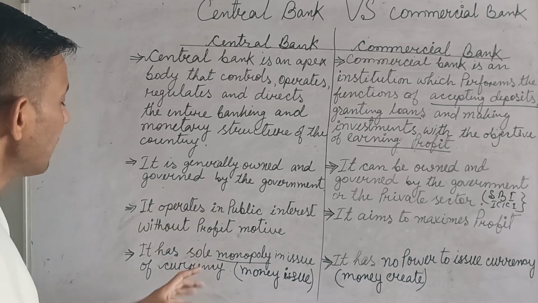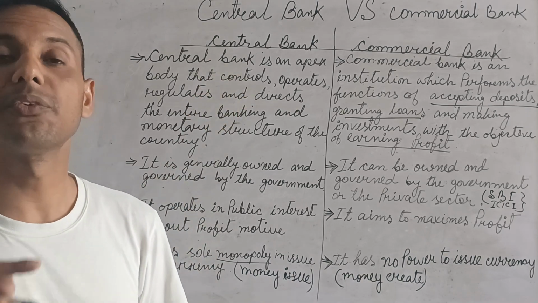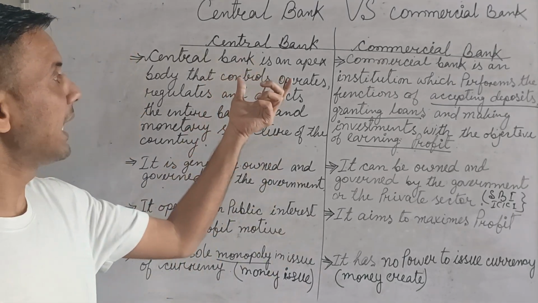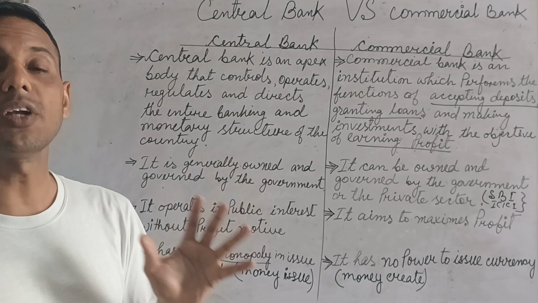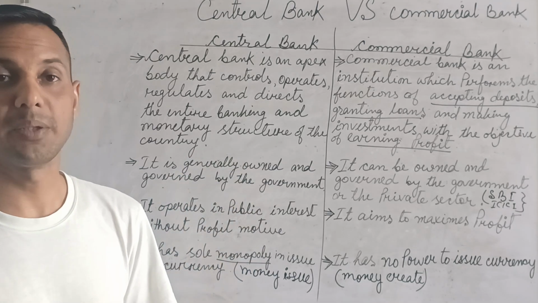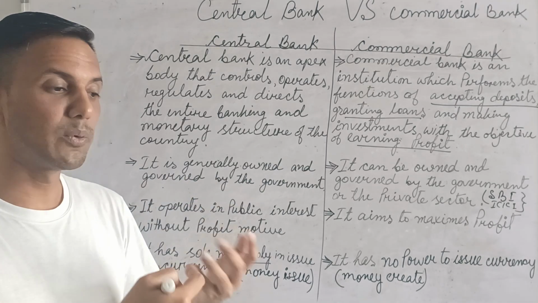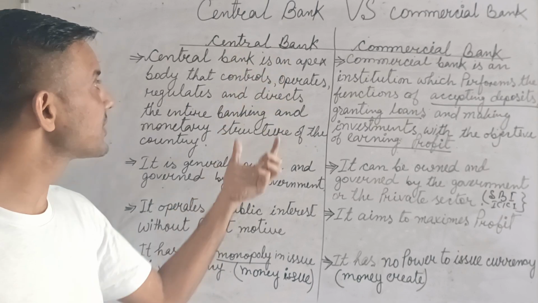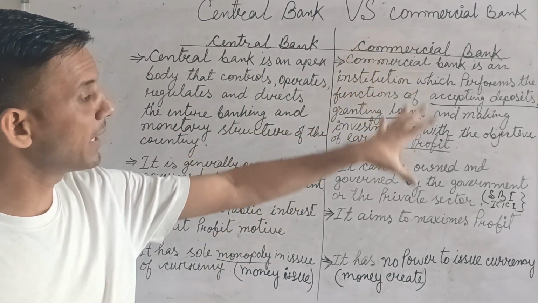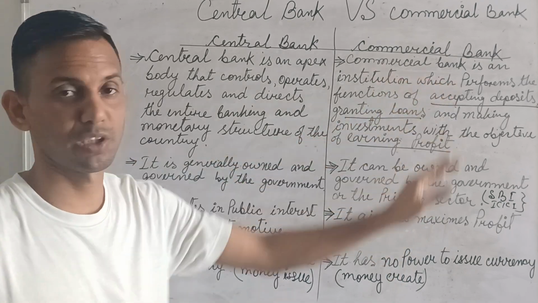Another point you can write is that the central bank is not directly related with the public. You and I cannot go and open a bank account in the Reserve Bank of India. But we can open our bank account and deposit our money in a commercial bank.